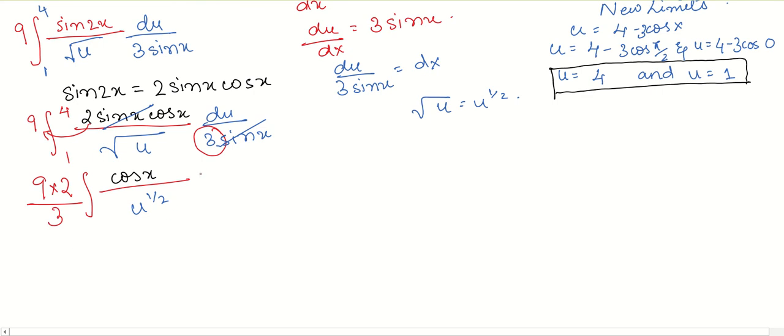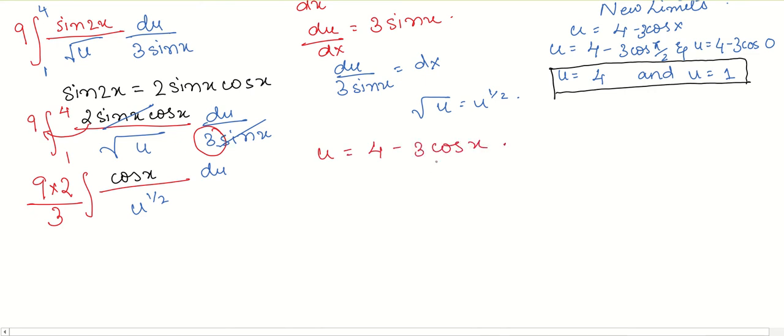And now we have du, and the sin x cancelled, so we just have cos x, which we'll have to write in terms of u. When we started the question, we read that u equals 4 minus 3 cos x.